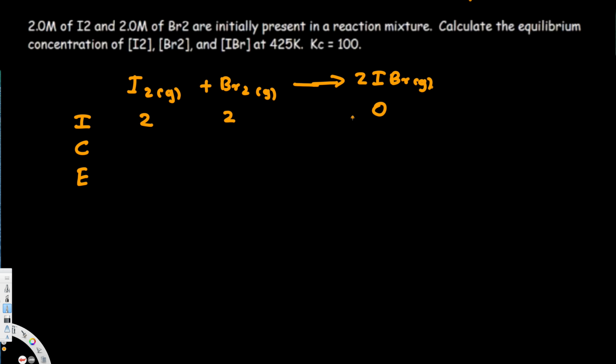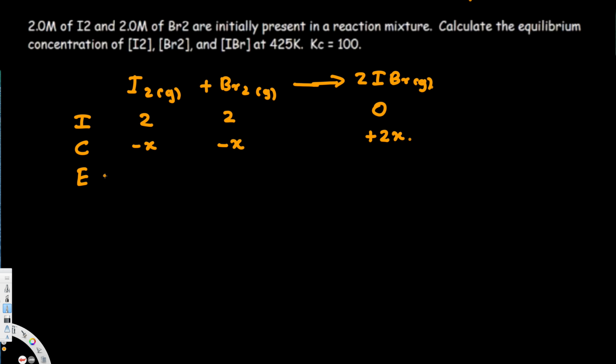So if it shifts toward the right side, here we are going to have plus x. Since we have 2 in front of IBr, we are going to put plus 2x, and the reactant side is going to be negative. Here we have 1 in front of this Br2, so this is going to be minus x. For this one also the same thing, minus x.